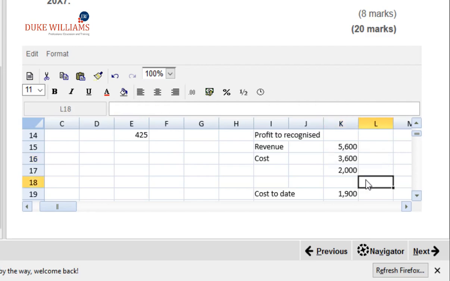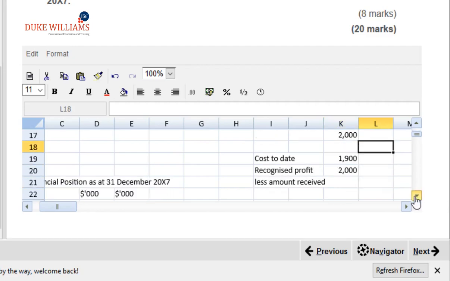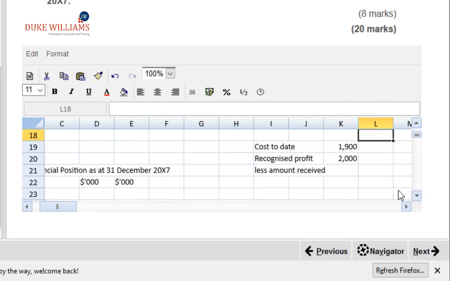Any mistake you do, you can easily correct it. So now let me have our cost to date 919, our recognized profit 2,000. That has changed from 2,200 to 2,000. Okay, so the amount received from the customer is 1,004. So less 1,004.